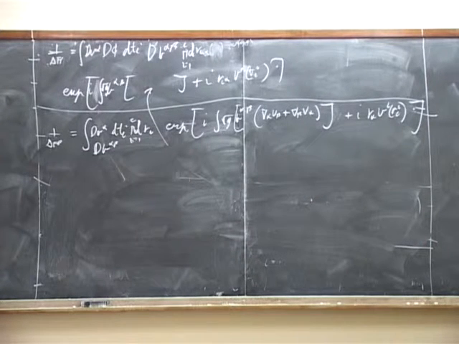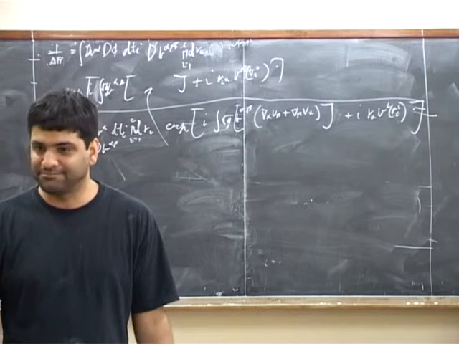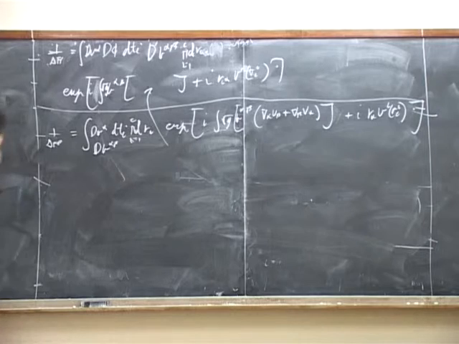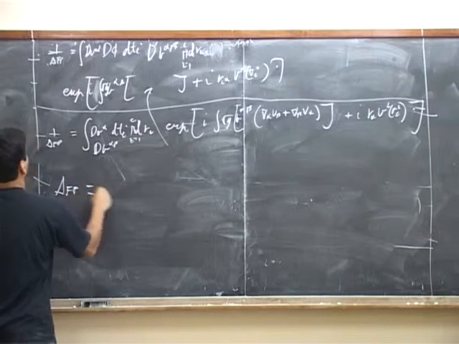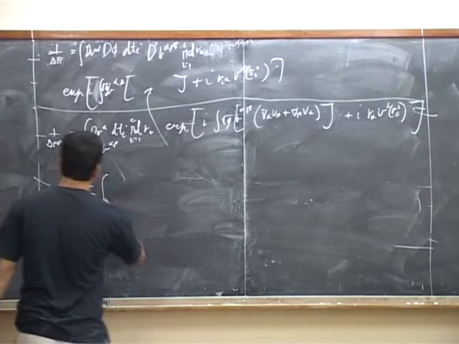Now, if we want a formula for the determinant rather than the inverse determinant, all we have to do is write down the same path integral, but just make sure that every field in the path integral anti-commutes instead of commutes. Okay? So we have the formula for delta fp. Now 1 over delta fp is the same thing, provided all variables are taken to be anti-commuting.